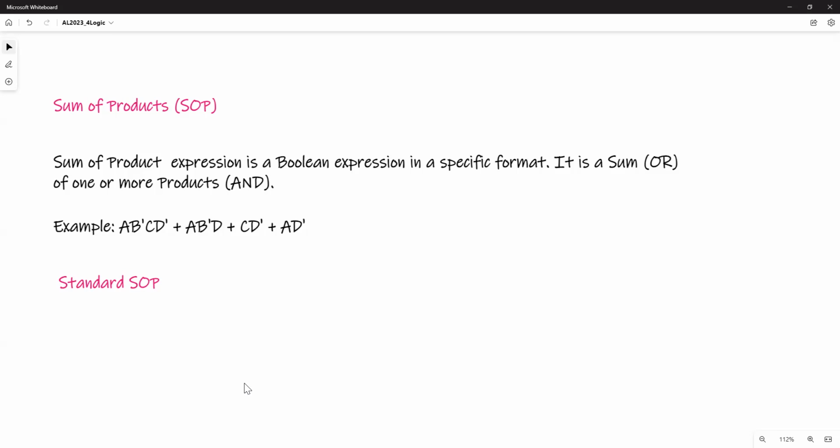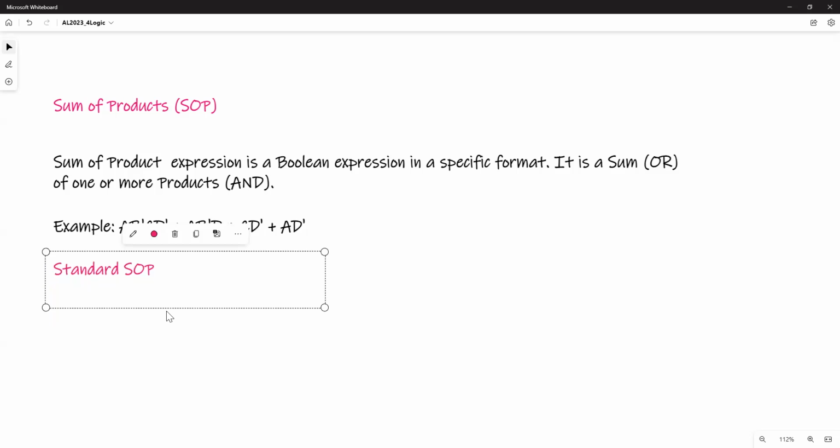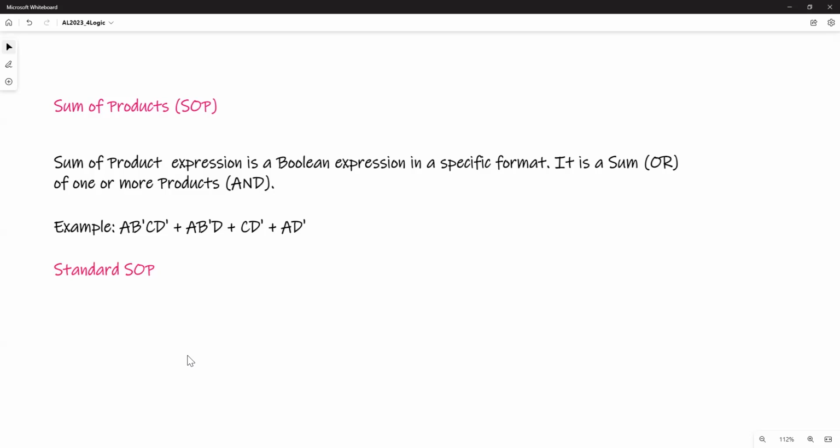Then the next one we have C D dash, right? That is A and B is missing. Last one, B and C is missing, right? So in this particular case, it is not a standard representation, right?